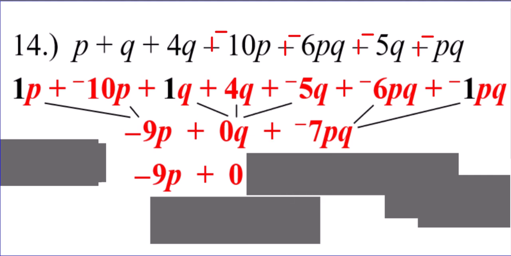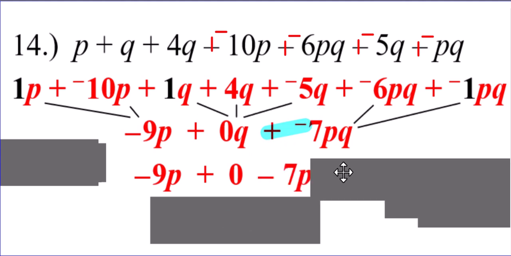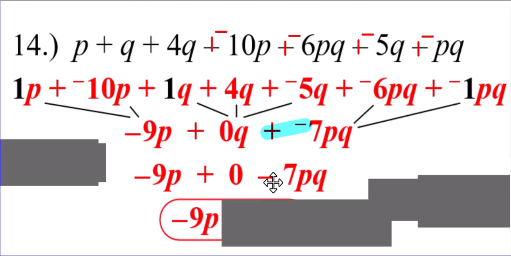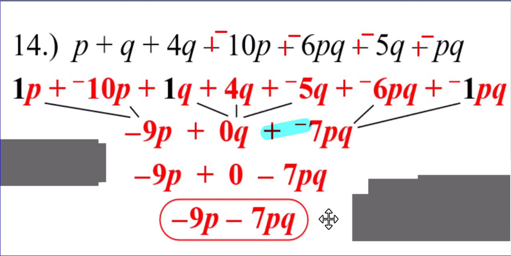Let me get out my highlighter here. Plus negative is not considered simplest form, so you're going to transform that into minus a positive 7pq. And I'm not done. Anything plus 0 is itself, so negative 9p plus 0 is just negative 9p, and then minus 7pq, and that is the simplified version of number 14.